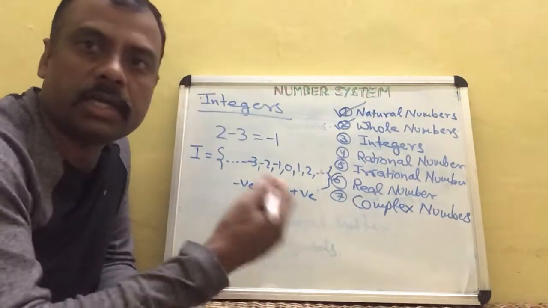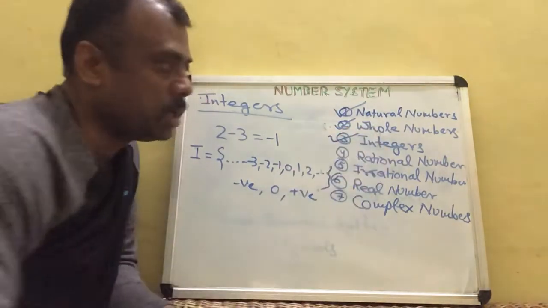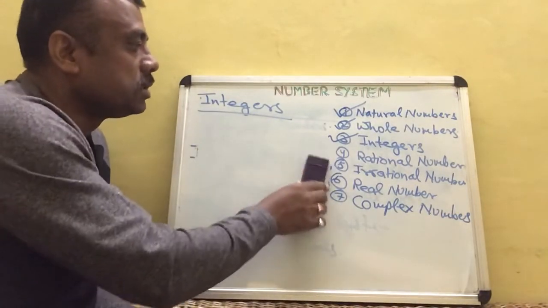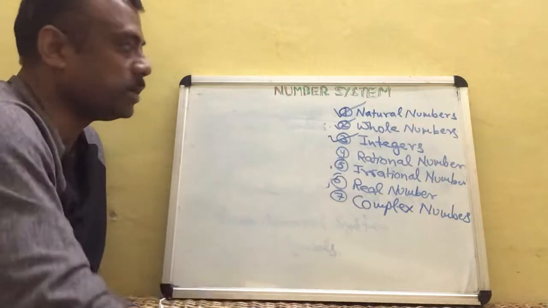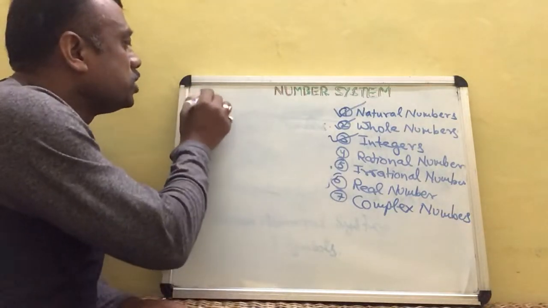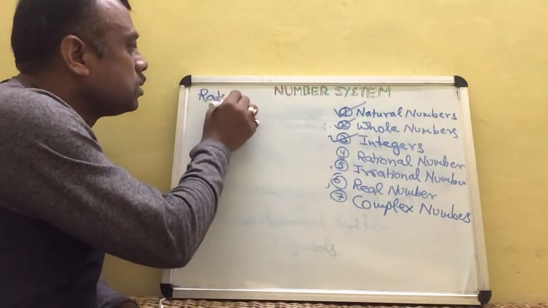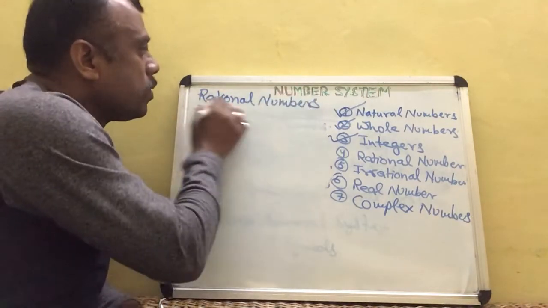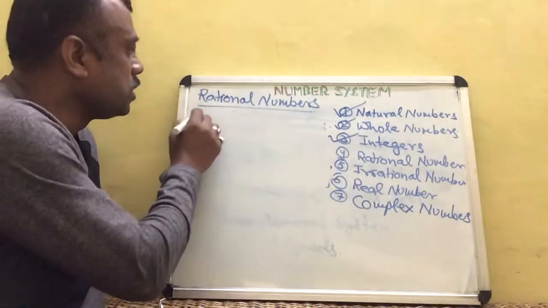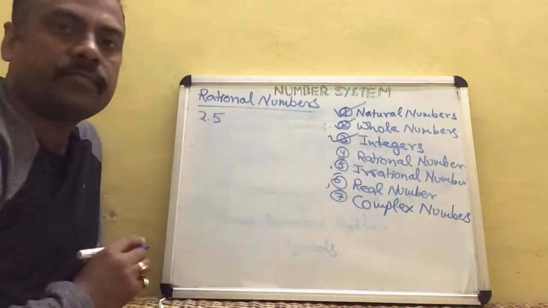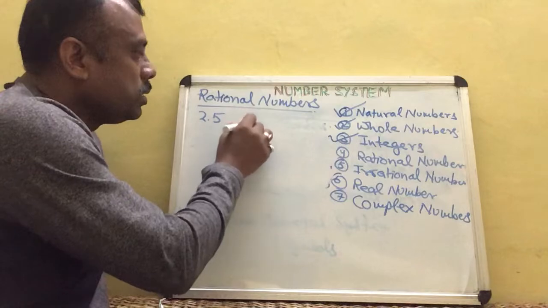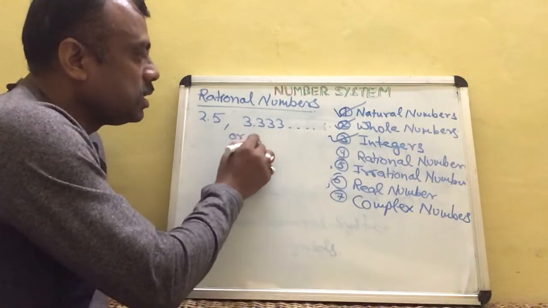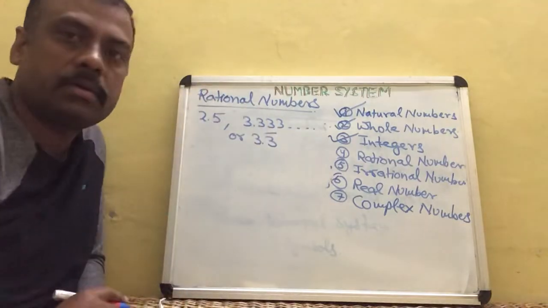Okay, let us move to another number system, the rational number system. For this, let us again consider some numbers: 2.5, 3.333, or this can be written as 3.3 bar.